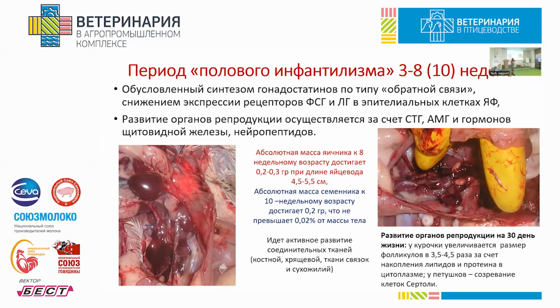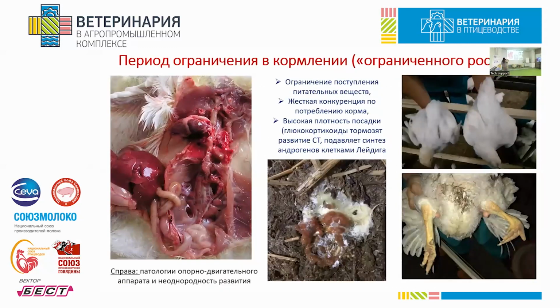But during the sexual infantilism period, what we see is a greater accumulation of lipoproteins in the ovum, further differentiation of the epithelial tissue. First, we see granular cells that evolve into cubic shape cells, then into plasma shapes, and so on and so forth.